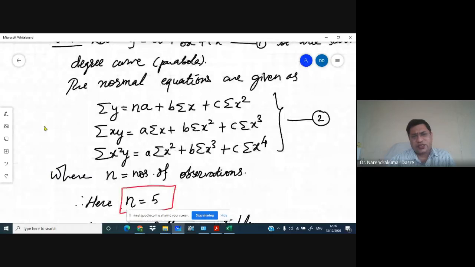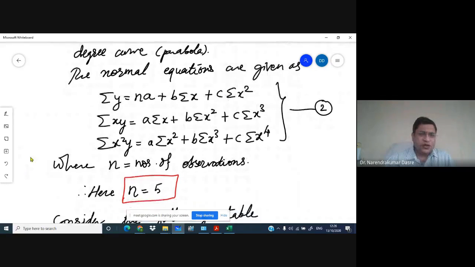A slight change is there, and we have to consider that change. Otherwise, you will get the value of a as c and the value of c as a. So please be careful while calculating.